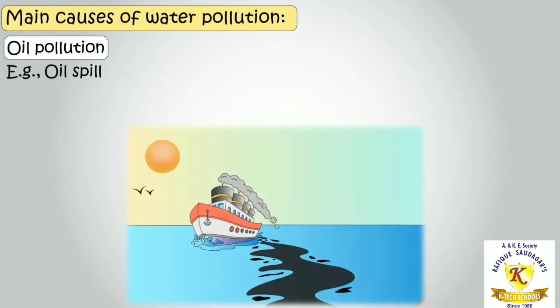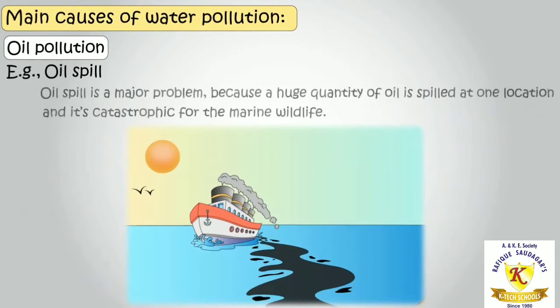For example, oil spills from oil tanks and ships. Oil spill is a major problem because a huge quantity of oil is spilled at one location, and it's catastrophic for the marine wildlife.